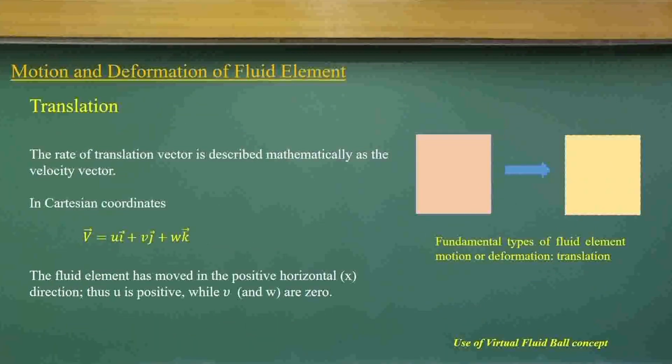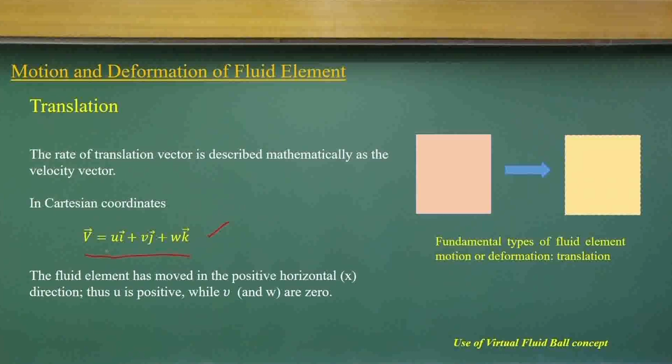Now, coming to translations, which is a very easy concept. The velocity vector is responsible for shifting fluid particles from location A to location B. It depends upon the velocity components. In this case, you have small u, v and w as scalar velocity components in the x, y, z directions respectively.